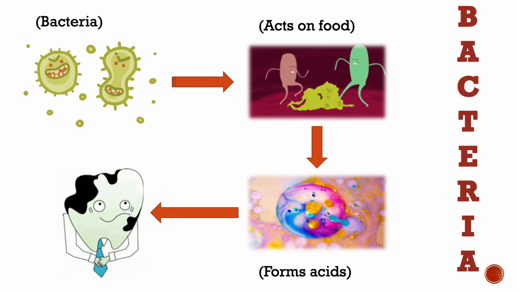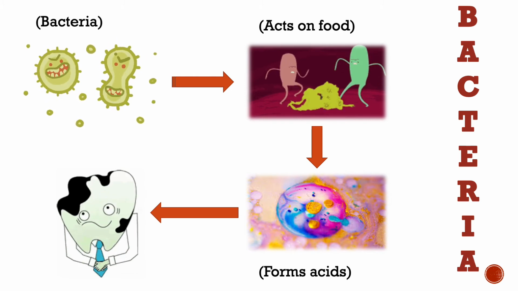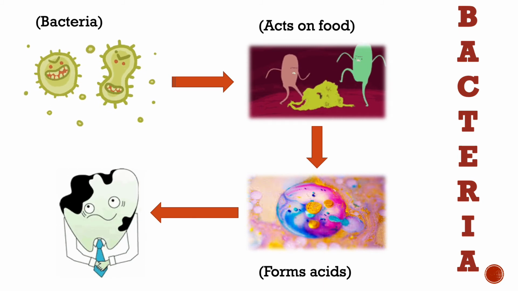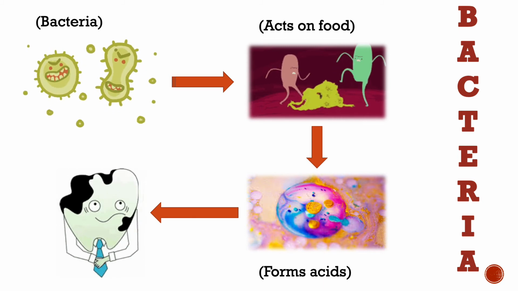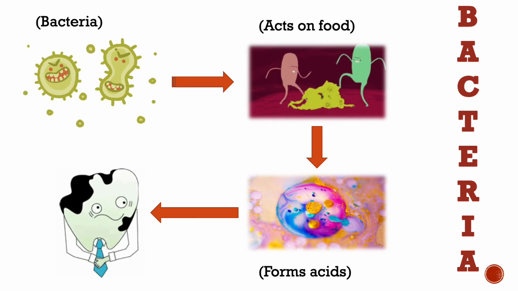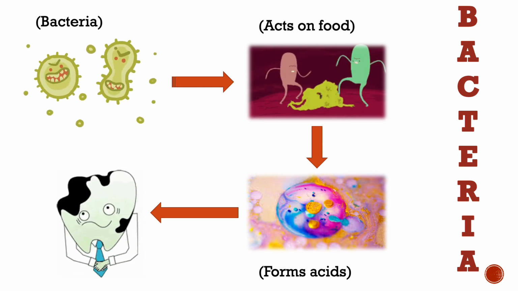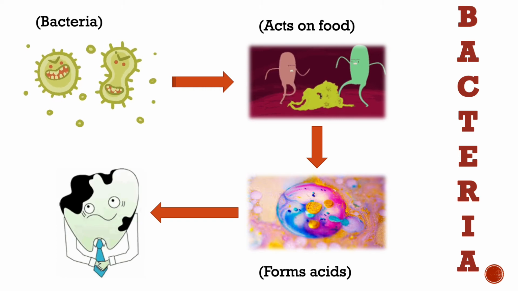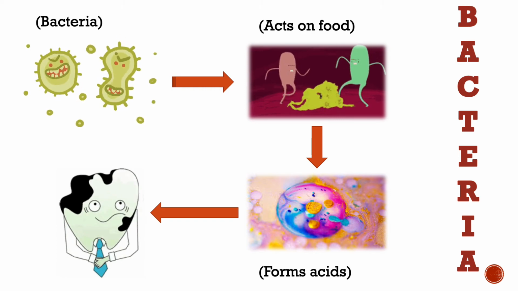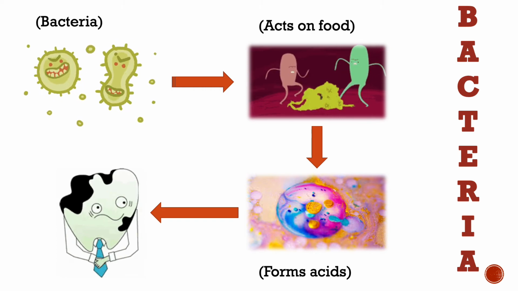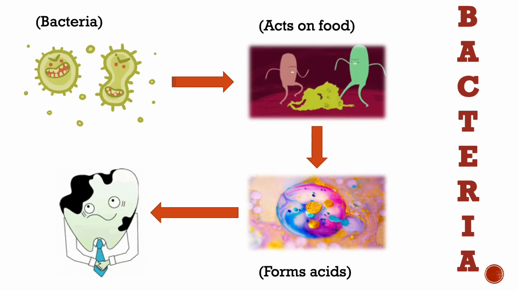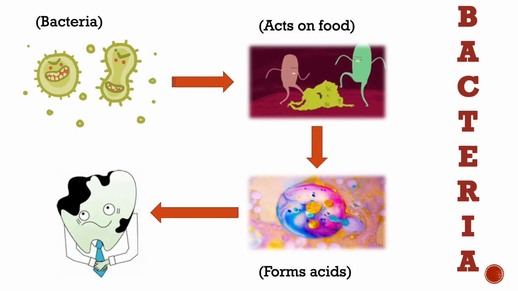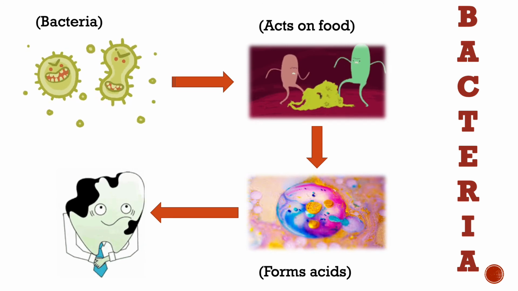So to start with the first factor, that's bacteria. What happens is these bacteria are everywhere in your mouth. It's attached to the tooth structure, it's floating in the saliva, it's everywhere in the mouth. Now when you take food or when your child takes food, these bacteria act upon the food, they decompose it, or they break it down into smaller pieces, and this releases acid, lactic acid or acetic acid.